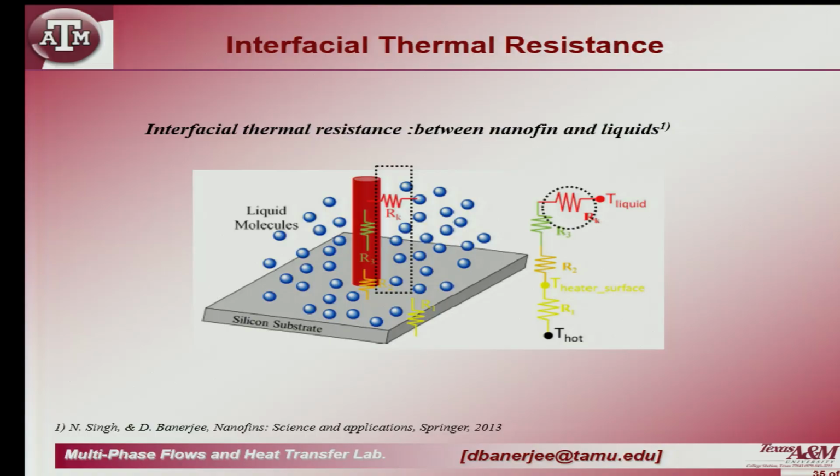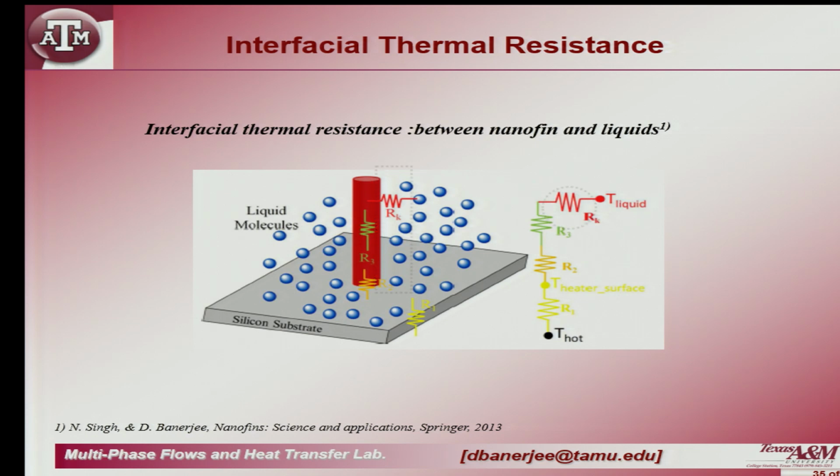Now, when we teach you heat transfer, what do we tell you? The first layer of liquid that is in contact with the flat plate has the same temperature as the flat plate, but in reality that is not true. On a macro scale, when you look at it at a much lower magnification from above, yes, they seem to be the same temperature.